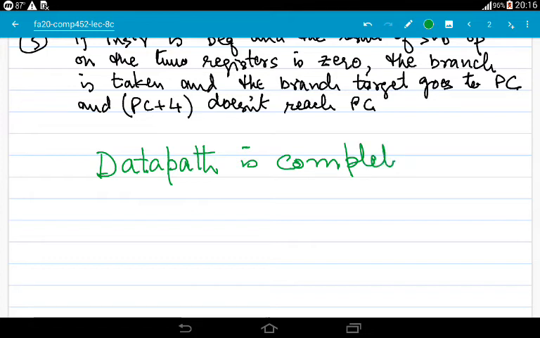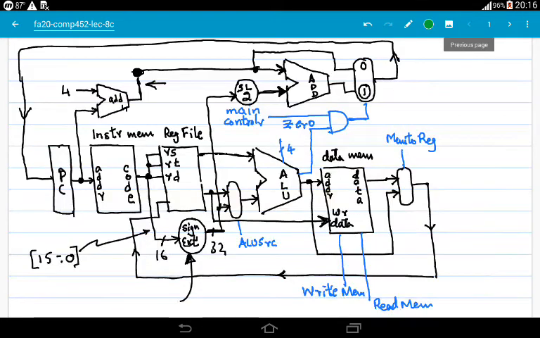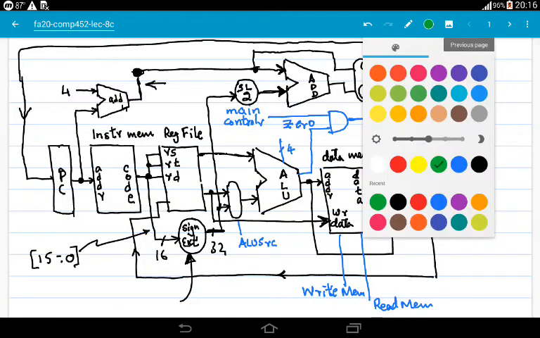Okay, very good. So now we are going to start working on implementing the controllers.